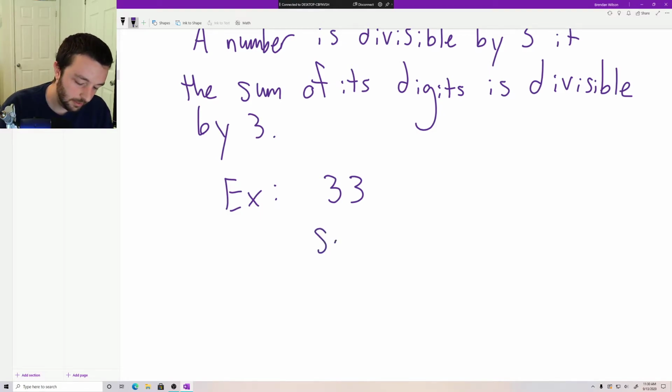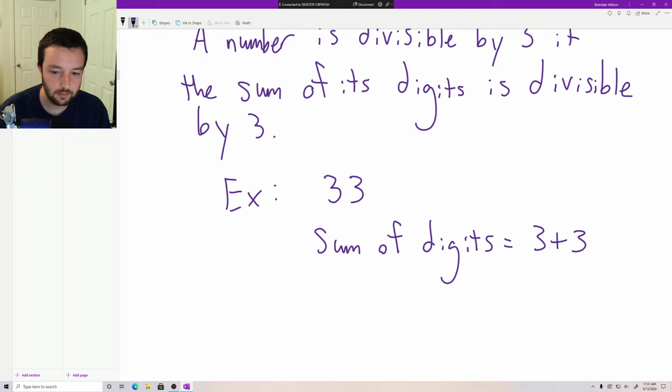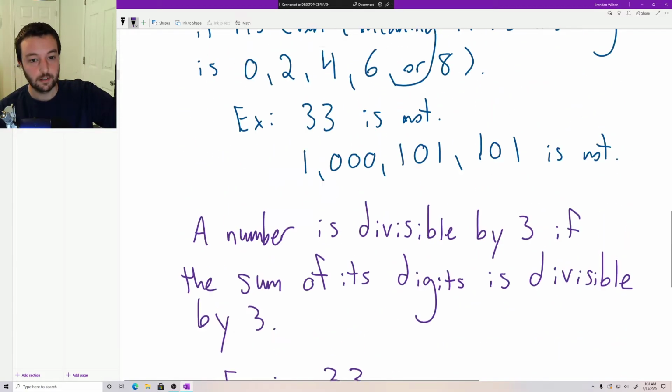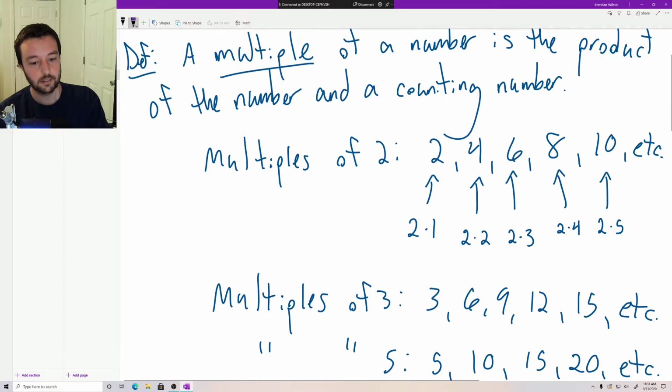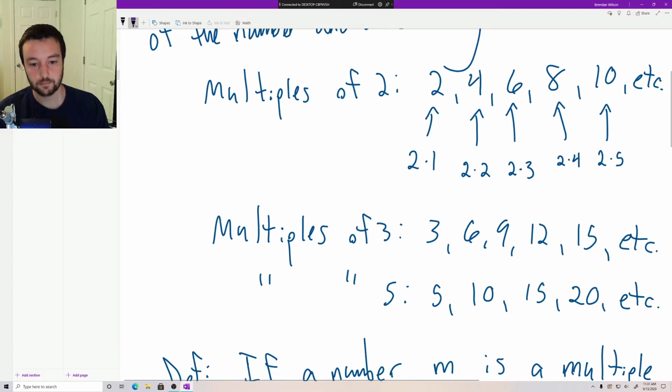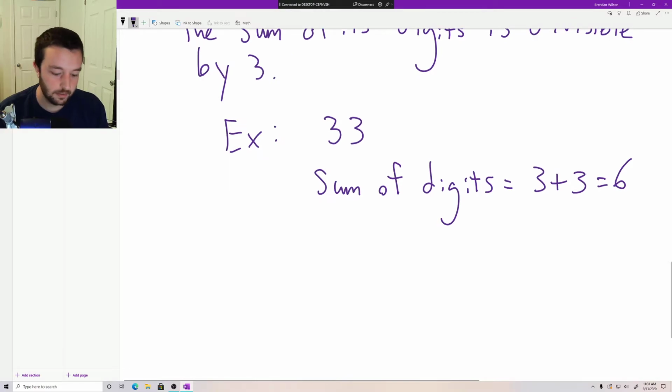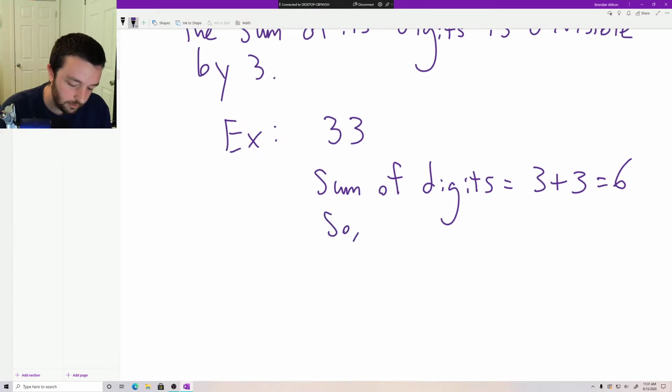The sum of digits is 3 plus 3, because we're adding this digit to this digit, equals 6. And we know 6 is divisible by 3. That was on our list earlier of multiples of 3. So 33 is divisible by 3.